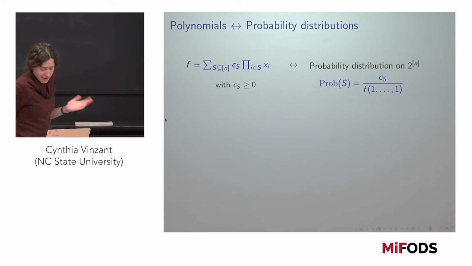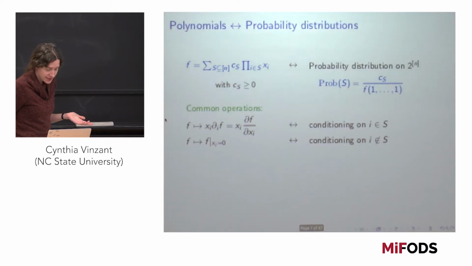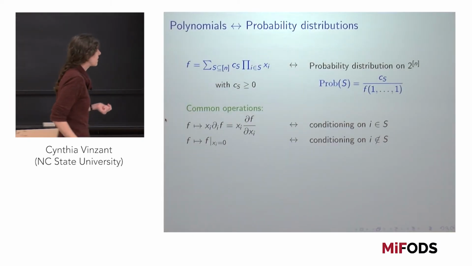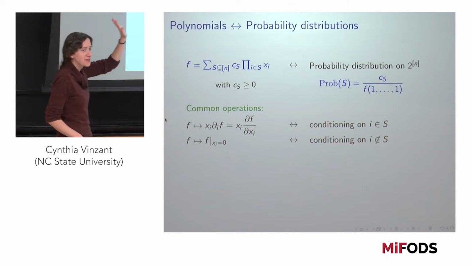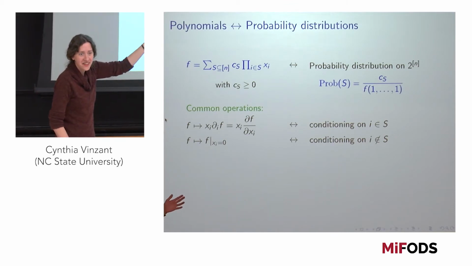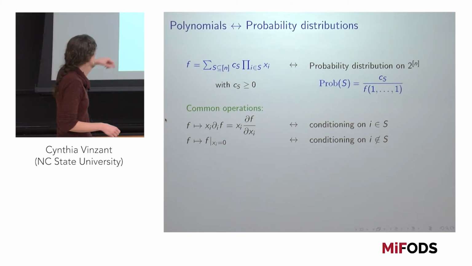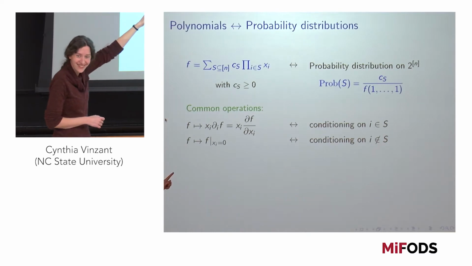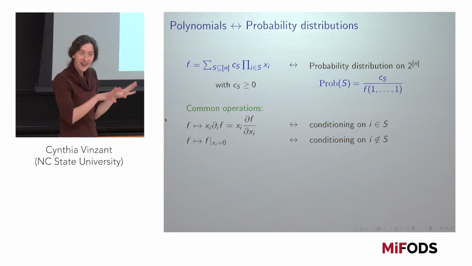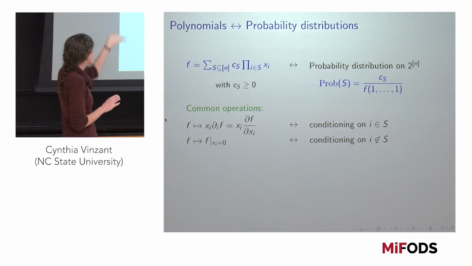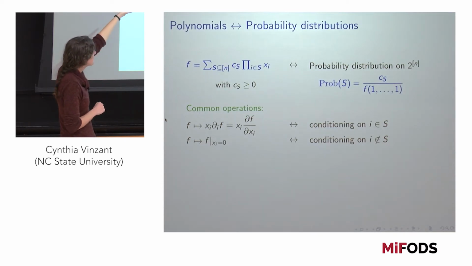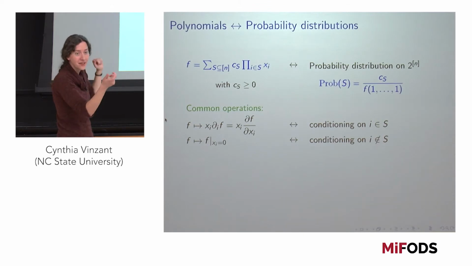One of the benefits of doing this is that common operations on polynomials correspond very nicely to common operations on discrete probability distributions. If you think about what happens when you take a derivative, and maybe you have to bump up the degree again, the terms that survive are exactly the terms that had the variable x_i in them. And so you're only keeping subsets that contained the element i.